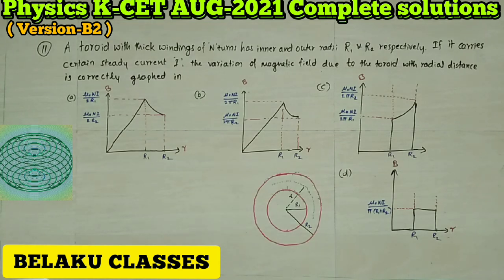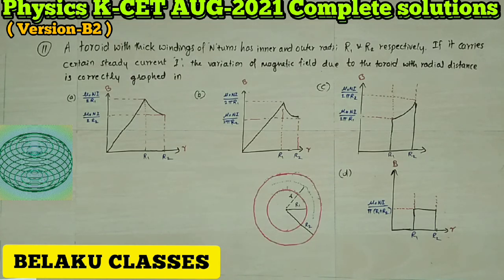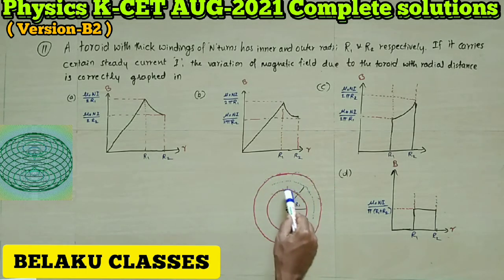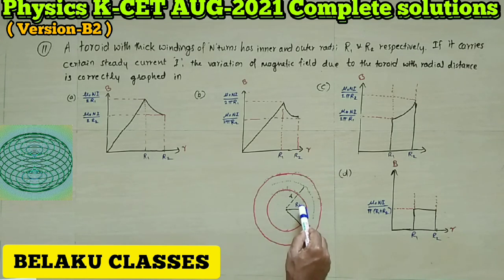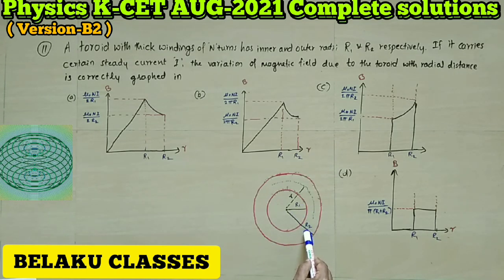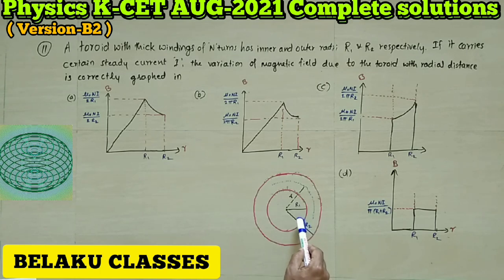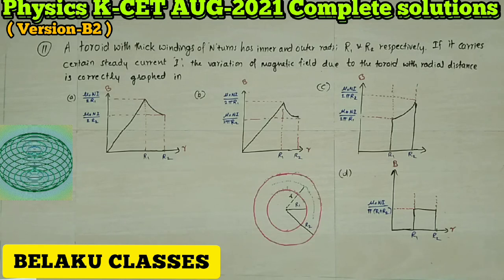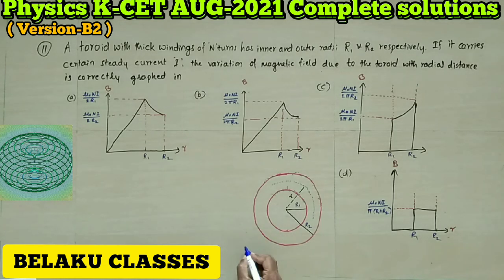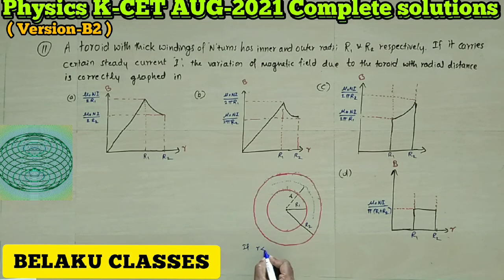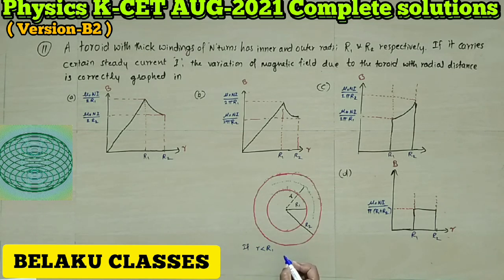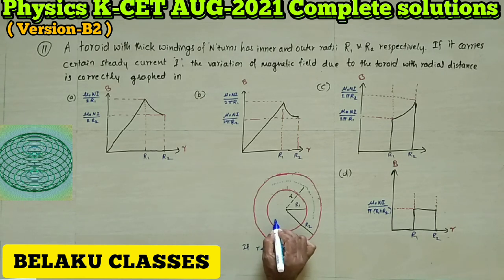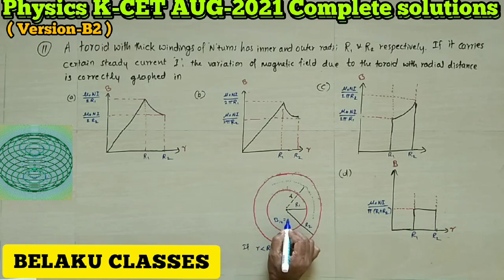Students, here the toroid has n number of turns. This is the toroid. The inner radius of this toroid is taken as R1 and the outer radius is R2, and the radial distance, the average of R1 and R2, is taken as R. Here if R is less than R1, then the magnetic field inside is equal to 0.